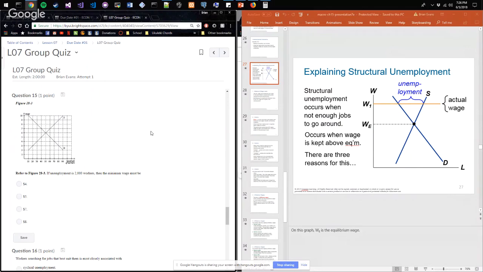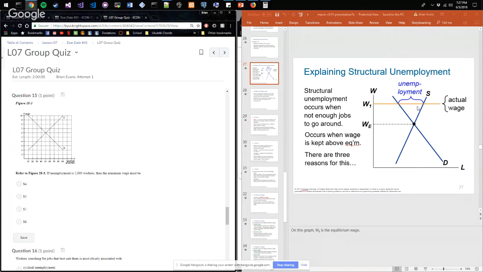Yep. Okay. So in the question, if unemployment is 2,000 workers, then the minimum wage must be blank. At the 2,000 mark, it's hitting the 3 on the wage line. Oh, okay. But no, that's unemployment.